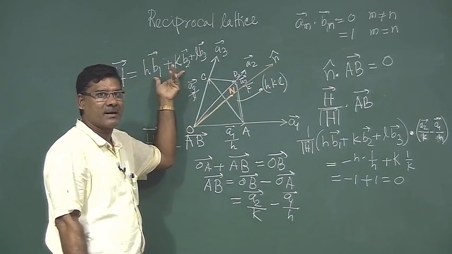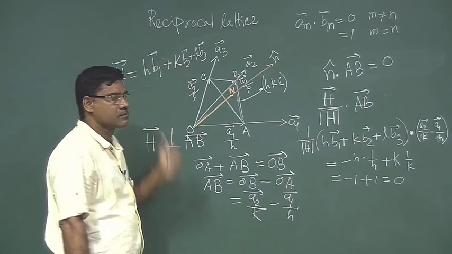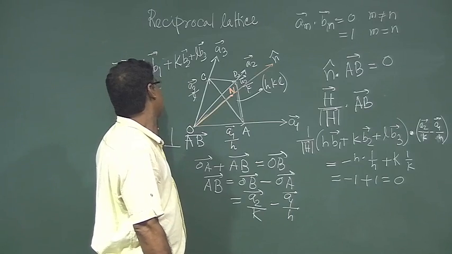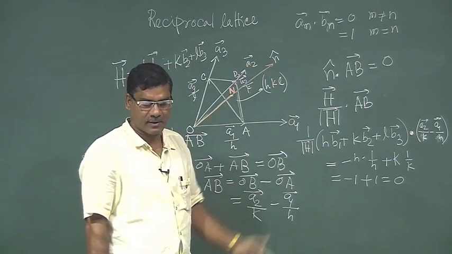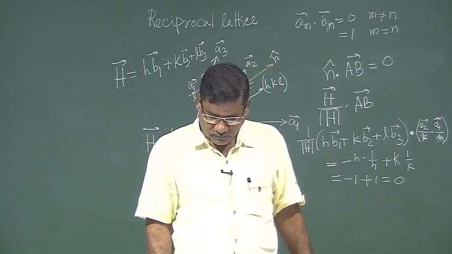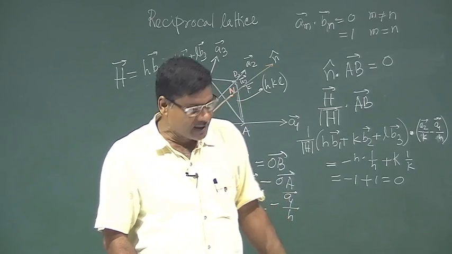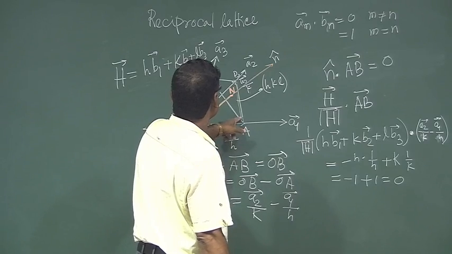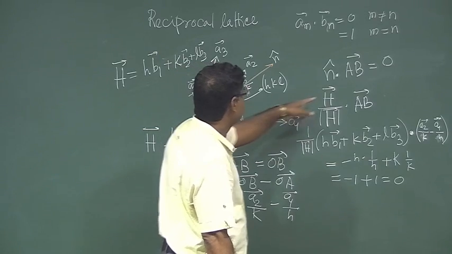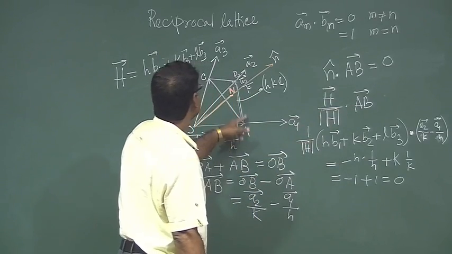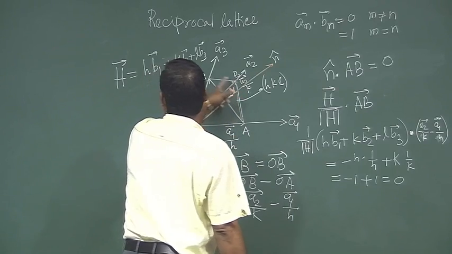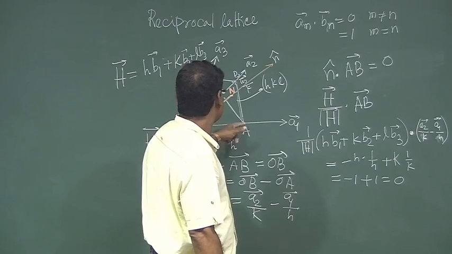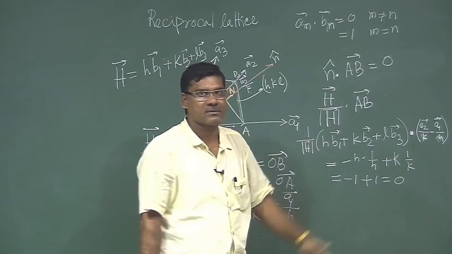So I proved that this reciprocal vector, its coordinates will be in terms of HKL. Okay. So similarly you can show H is perpendicular to AB, H is perpendicular to BC, or H is perpendicular to AC, the same way you can show.